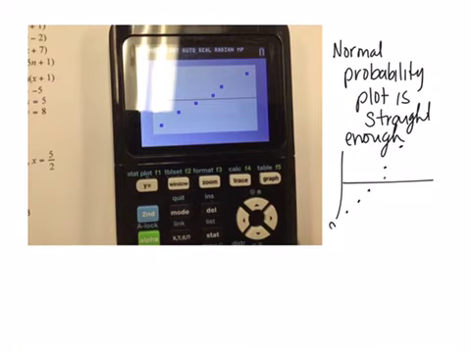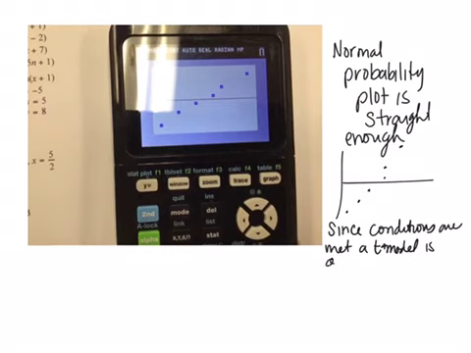Okay, so since conditions are met, a T model is appropriate, and I will use a one sample T interval. This one asked for the interval, right?